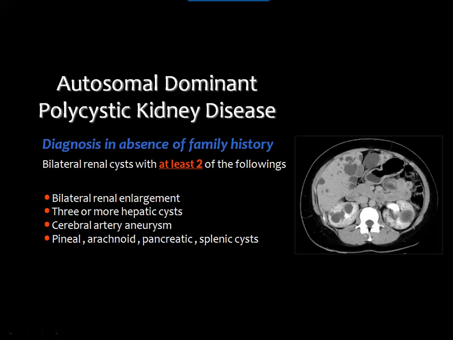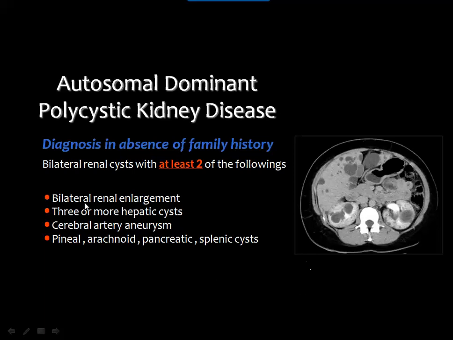And if you are confronted by a case of multiple bilateral cystic lesions in absence of positive family history for polycystic kidney disease, then at least two of the following criteria will support your diagnosis of autosomal dominant polycystic kidney disease.